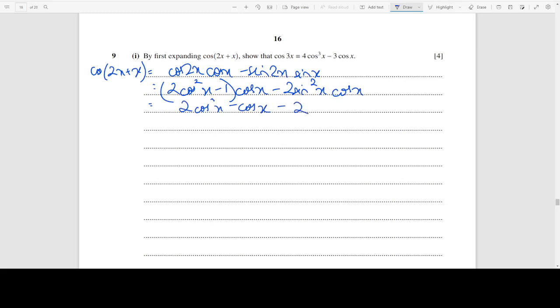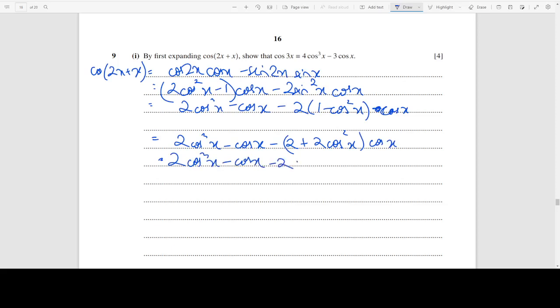This sin squared x can be written as 1 minus cos squared x, multiplied by cos x.